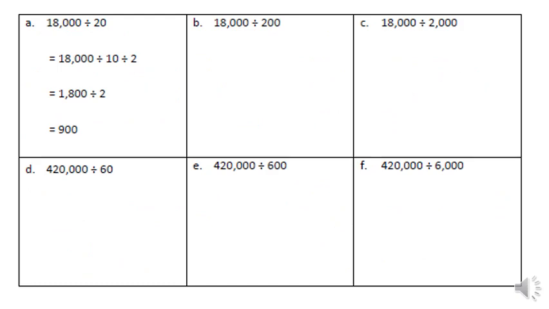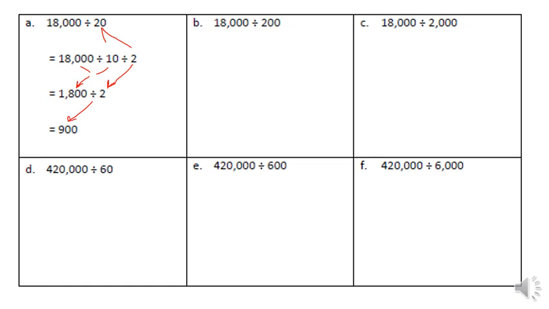Now, what they're trying to show you here is the same thing, except they're going with 18,000 divided by 20. They are decoding 20 as 10 times 2. So now you can take the 0 out because 18,000 divided by 10 equals 1,800, and then divided by 2 equals 900.